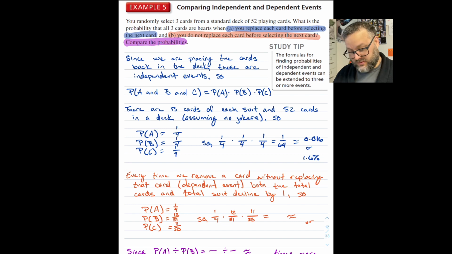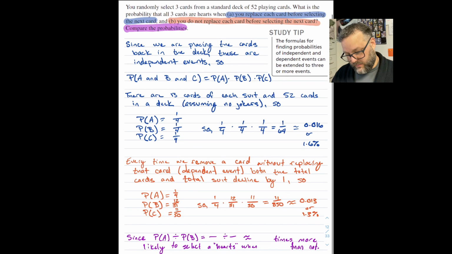And again, when I multiply it out, I get 11 over 850. That's after simplifying and everything else. By this time, you should be able to do that pretty well on your own. So that's about 0.013 or a 1.3% chance that I'd be able to draw a heart, not put the card back, draw another heart, not put that card back, and draw another heart.